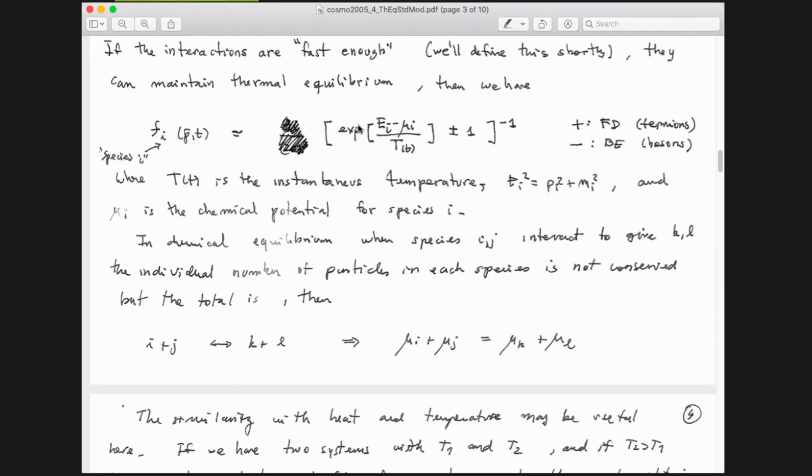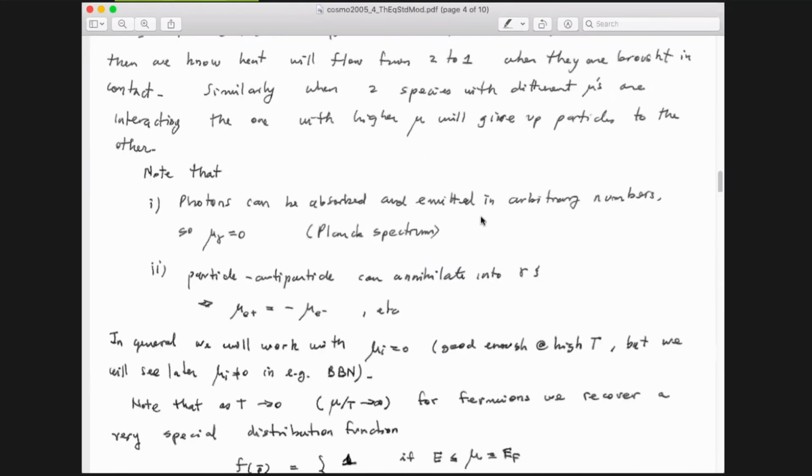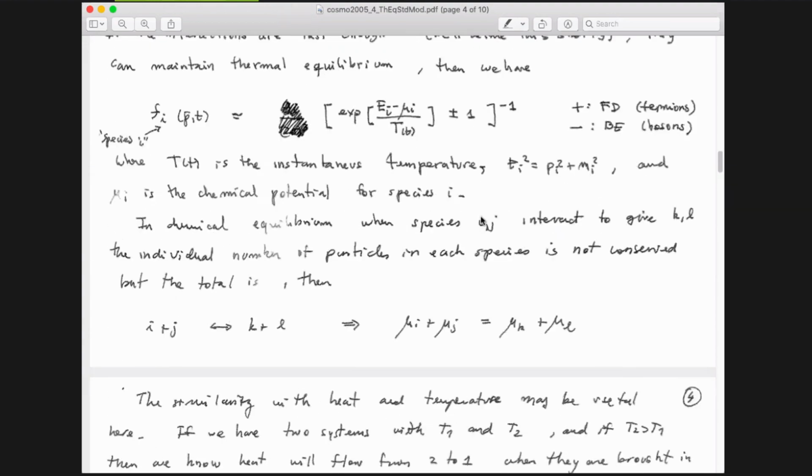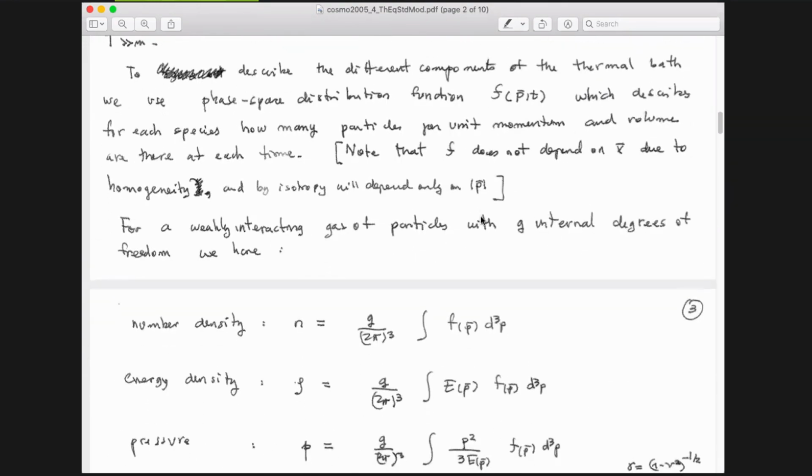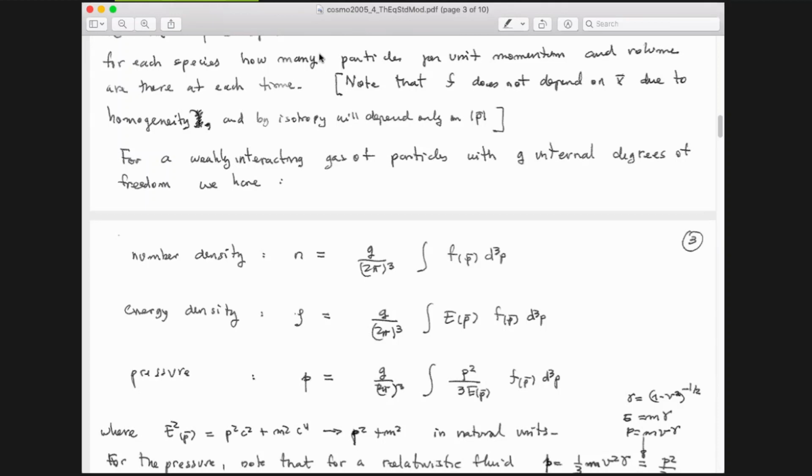The early universe is a very hot plasma. So for cosmology purposes, mu can be neglected. So your distribution function is (e to the power E by T plus or minus 1) whole to the power minus 1. So now, let us get back here. Number density, I'll come to that later.